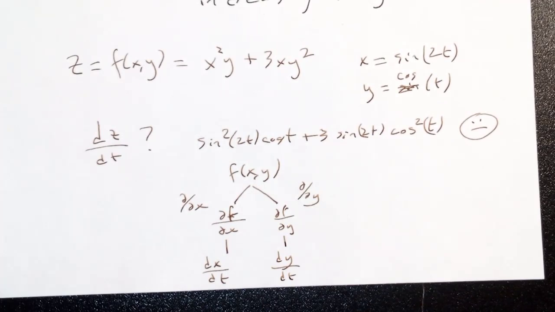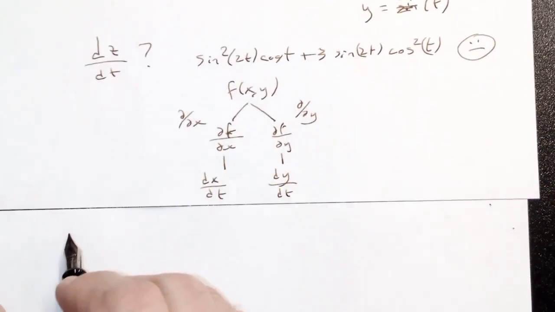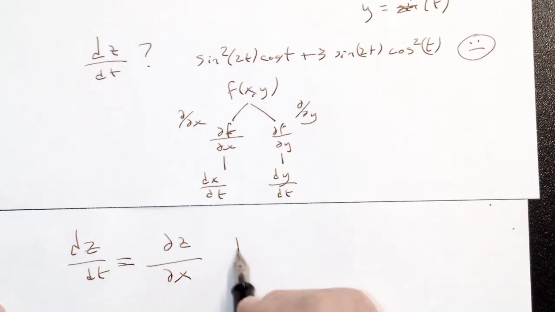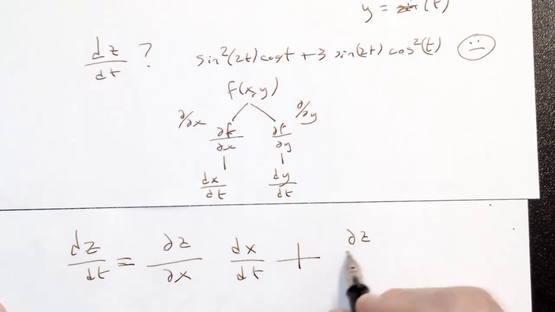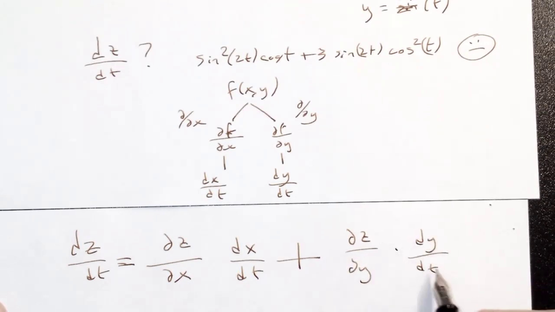Which means my chain rule actually splits down these two paths. And to do dz dt, I do partial of z with respect to x times dx dt, and I have to add partial of z with respect to y times dy dt.